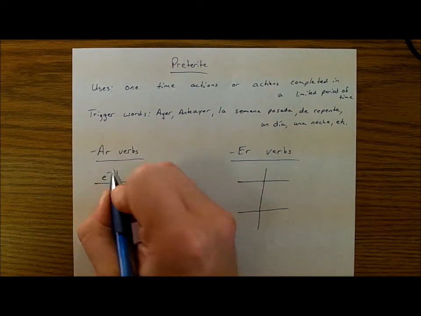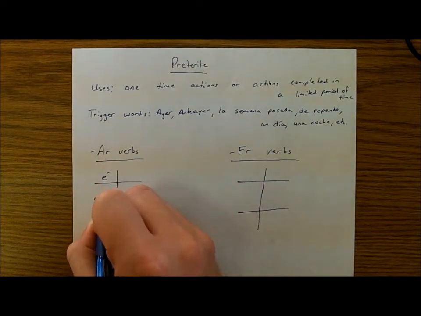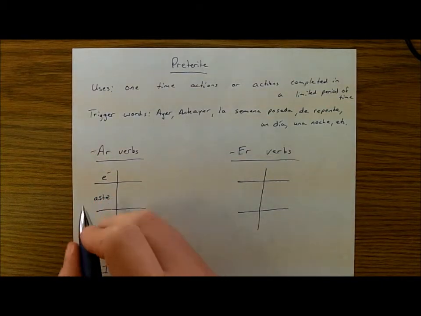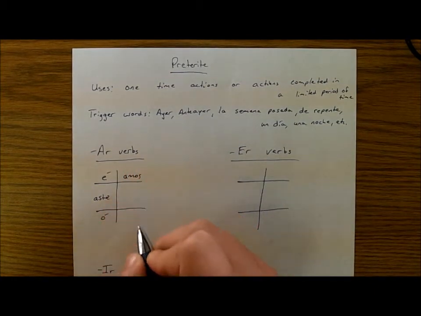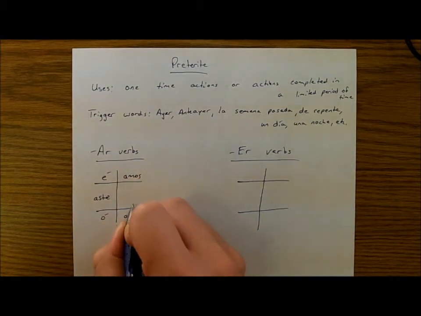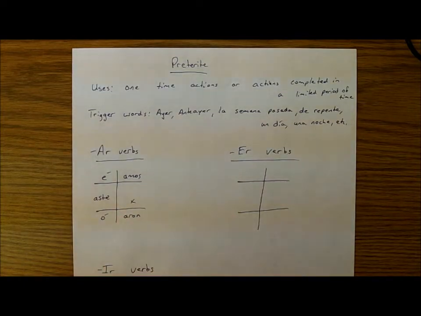So, with AR verbs, let's go into the verb endings. In the yo form we have é, the tú form we have aste, the he, she, or usted form we have ó, in the nosotros we have amos, and aron in the ellos, ustedes.